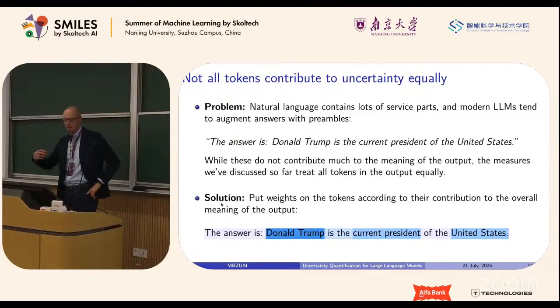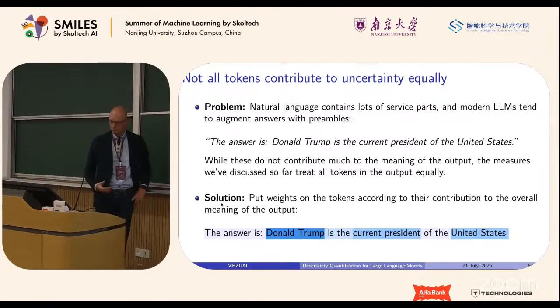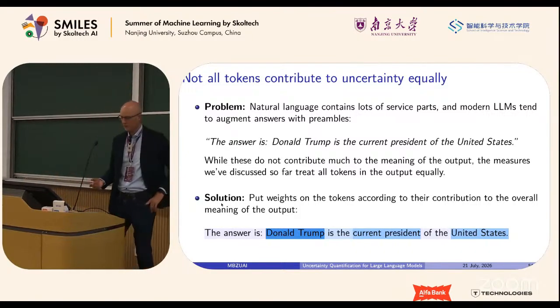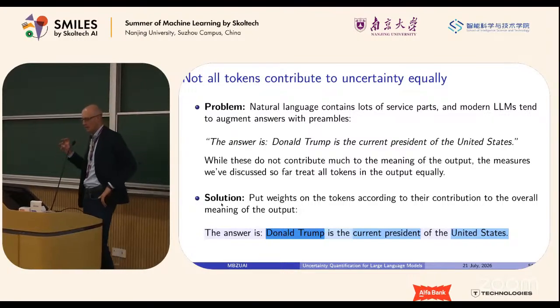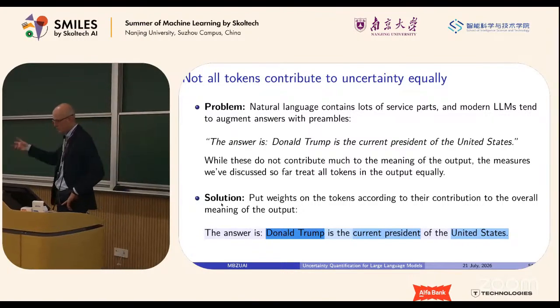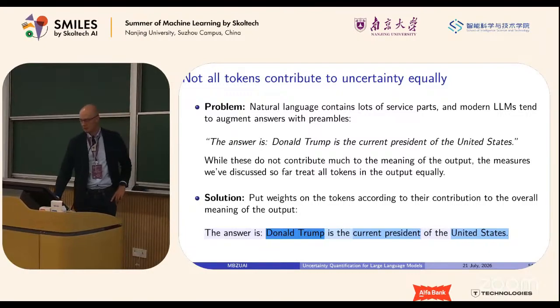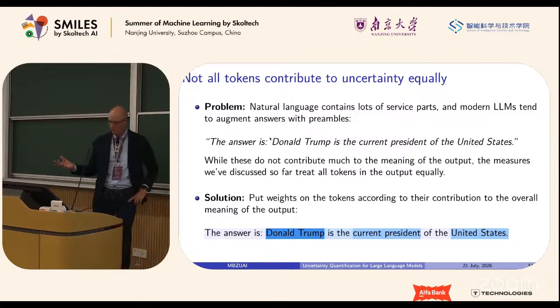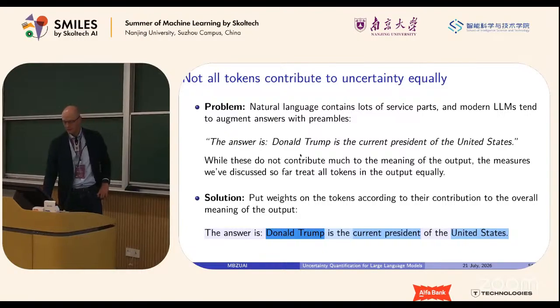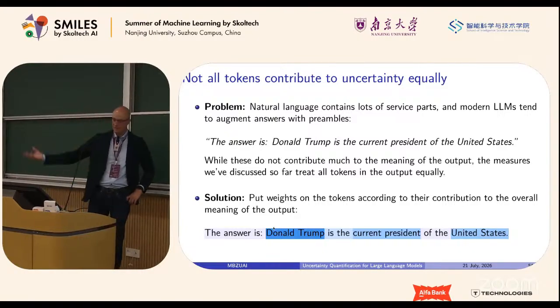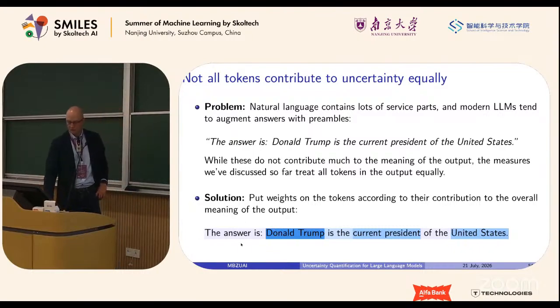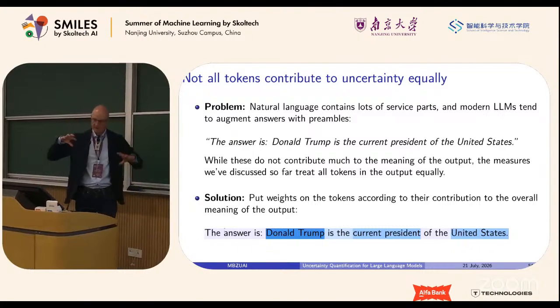And one of the ideas recently proposed is to try to alleviate the impact of these tokens and focus mostly on tokens that actually carry some meaning. Here we see that the most important parts are like Donald Trump, the answer to who is the current president of the United States. We can see that the most important part of this answer is actually the name of the president, while all other tokens are marked as less informative.